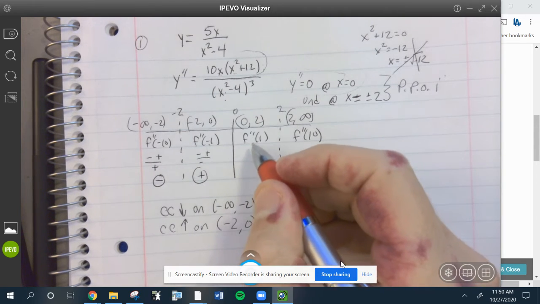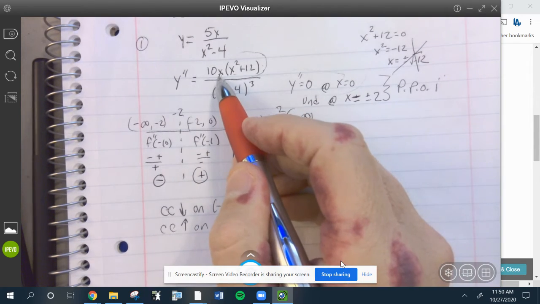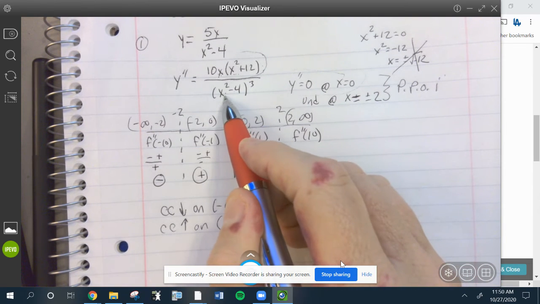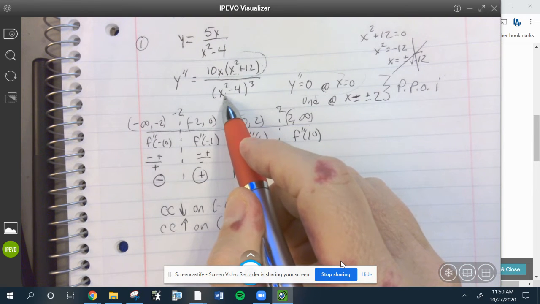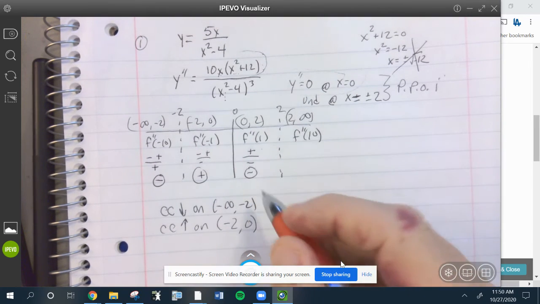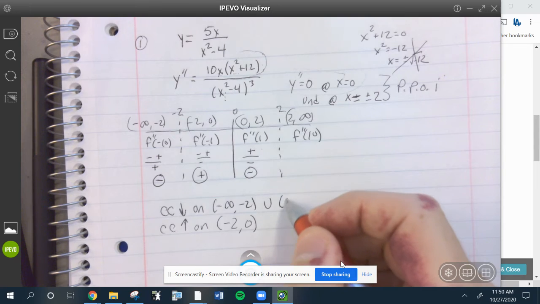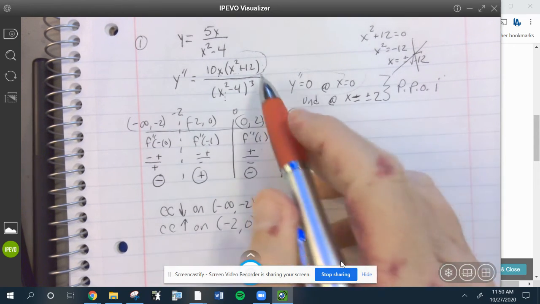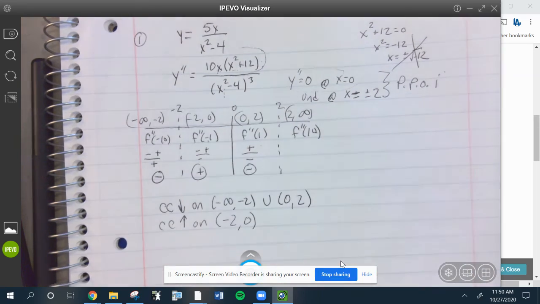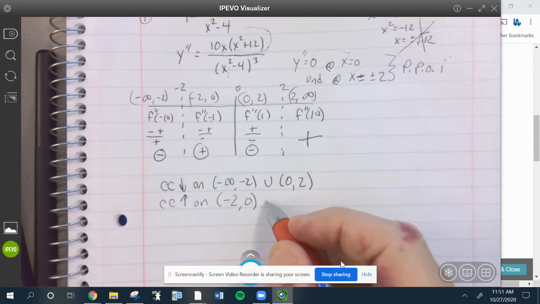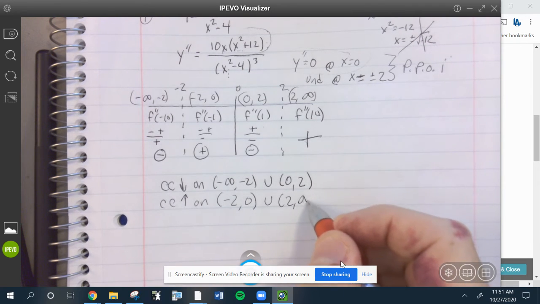I'm going to plug in 1 now. Get a positive times a positive over negative cubed, which is negative. So we're concave down on 0 to 2. And finally, you plug in 10, everything's positive here. So it's concave up on 2 to infinity.